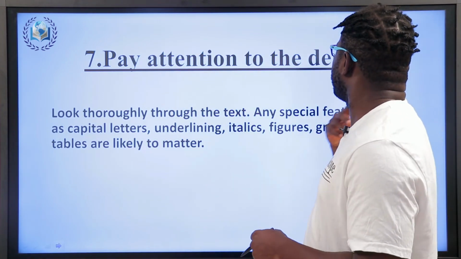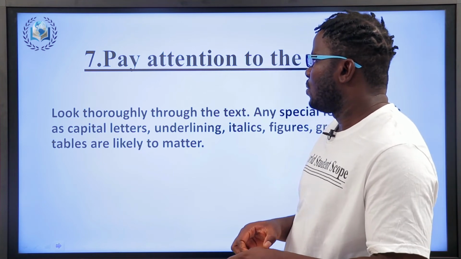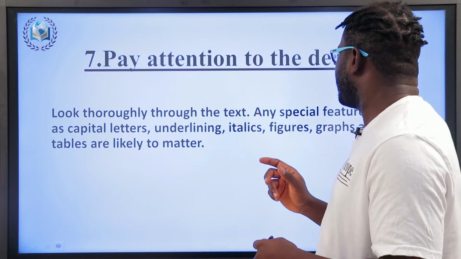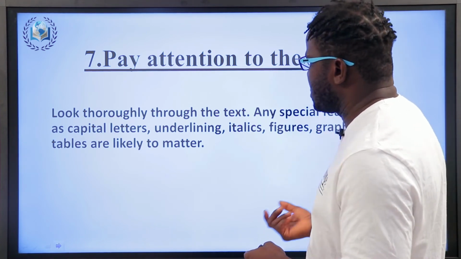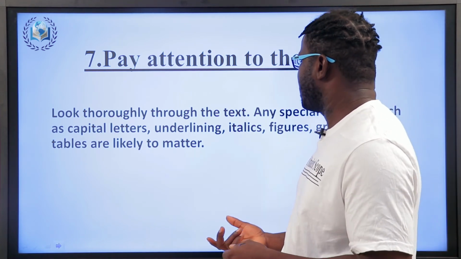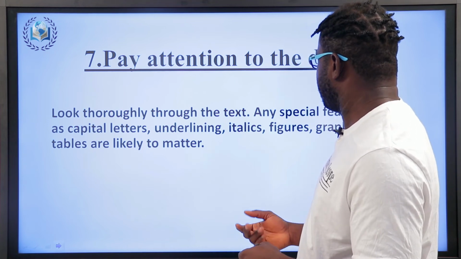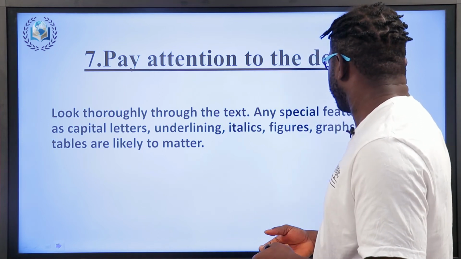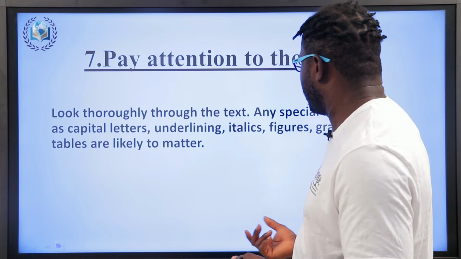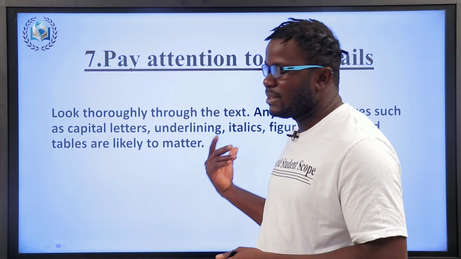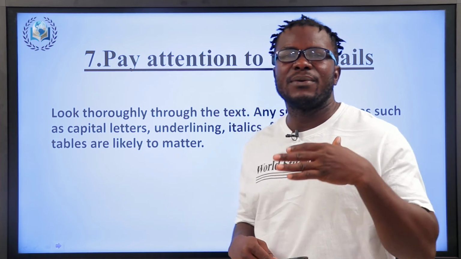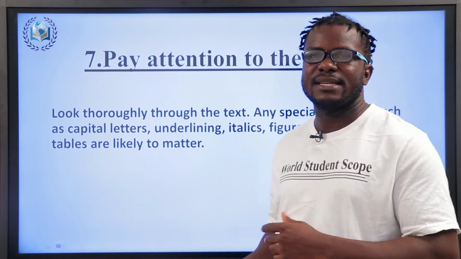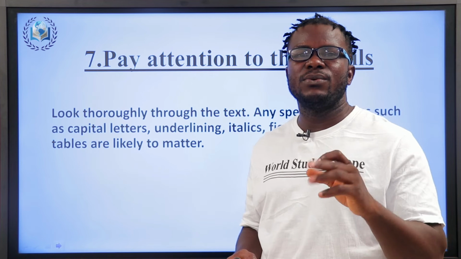Pay attention to the details. Look thoroughly through the text. Any special feature, such as capital letters, underlining, italics, graphs, and tables, is likely to match. Now, whenever you are reading a passage or you are writing this test, the IELTS test, always pay attention to the keywords.